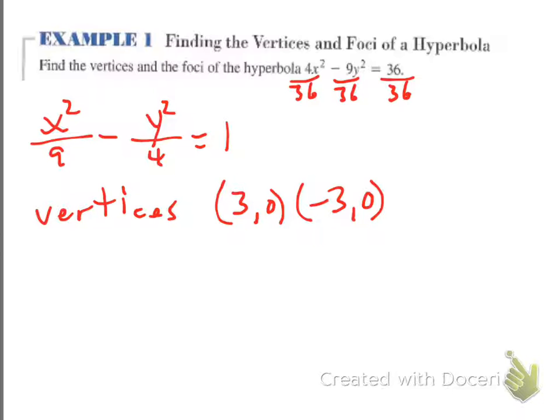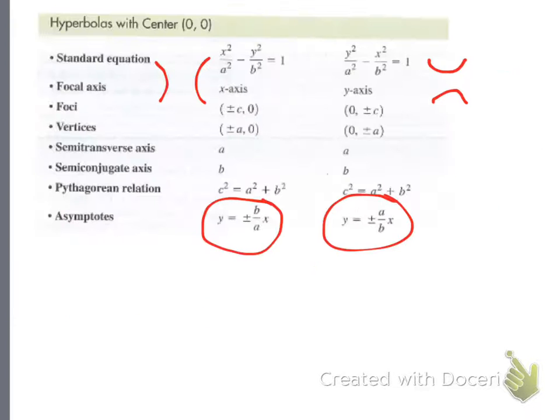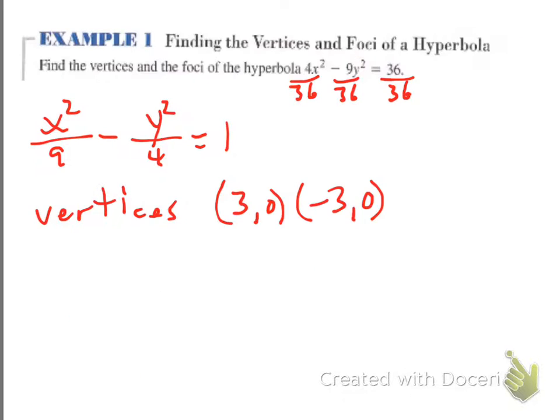Now the foci, if you remember from ellipses, let's go back here. For ellipses, it was a squared minus b squared. Well, now for hyperbolas, we add a squared and b squared, and we take the square root. So now I've got c squared equals 9 plus 4.